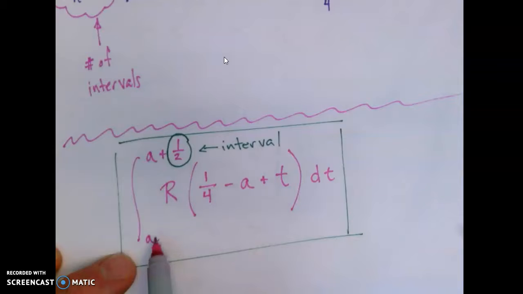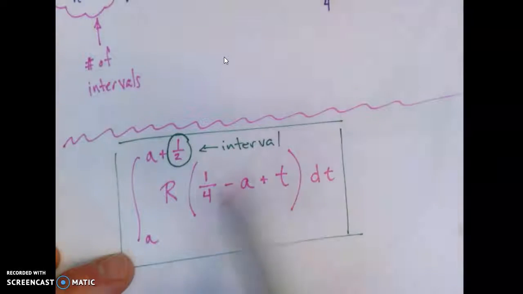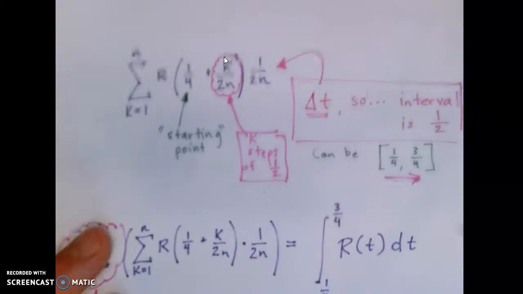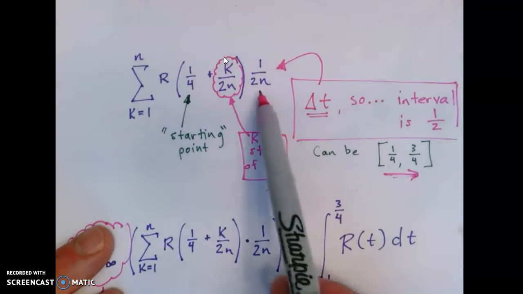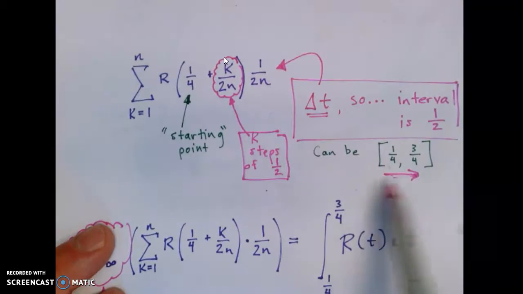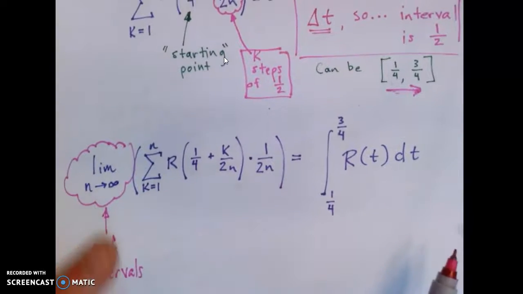This could be any value of a, and when I would have to adjust it is I adjust it in here. So this is a little bit like U substitution, changing boundaries. But don't concern yourself too much with this. I just want to make mention of it so you can understand that's their explanation, okay? We would be better off just not overthinking it, identifying our delta t, which will give us our interval, which will give us our difference, starting from there, and we can then get to our definite integral.